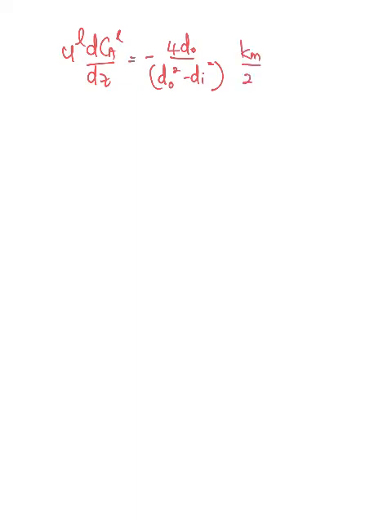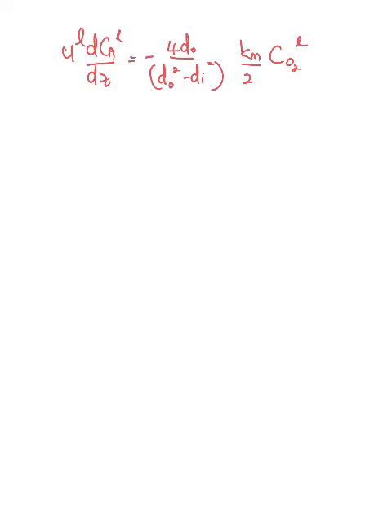Alright, so the mass balance equation becomes UL dCAL per dz equal to negative A over V, which is 4 D naught per D naught square minus DI square, in brackets so you don't get confused later, times Km over 2 times CO2 in the liquid phase.